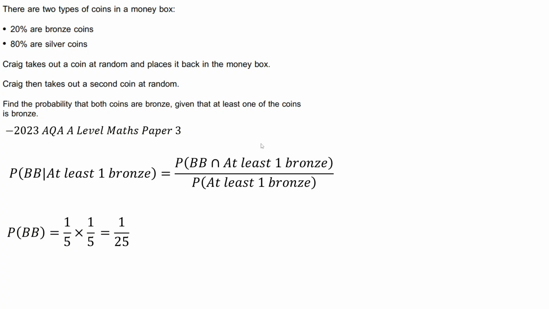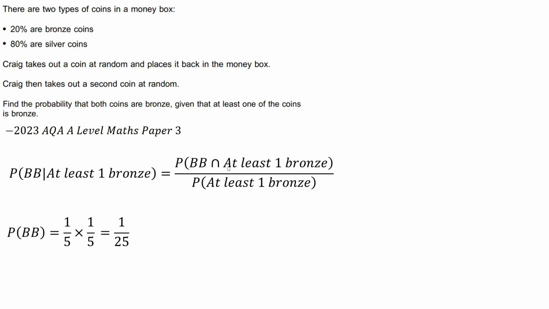Let's think about this for a second, this probability of being bronze and at least one being bronze. If you think about this, this is the exact same as just the probability of being bronze. If I'm telling you I took out 2 bronze coins, and at least one of them is bronze, you'd think to yourself, obviously, you just told me you took out 2 bronze coins, so it's obvious that at least one of them is bronze.